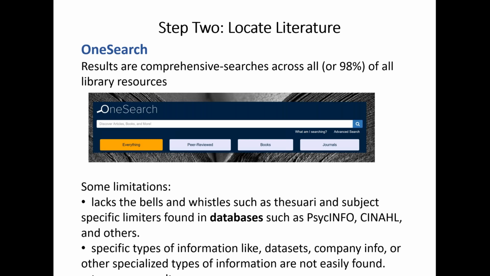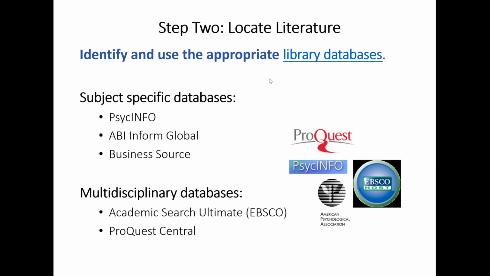And oftentimes, too, we just get a lot of results. So definitely some limitations. I do like to use library databases to do research, even though it's not as comprehensive as using a tool like OneSearch.